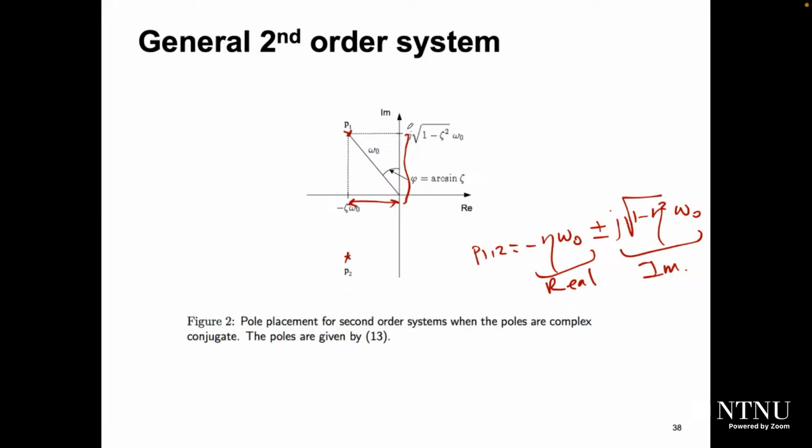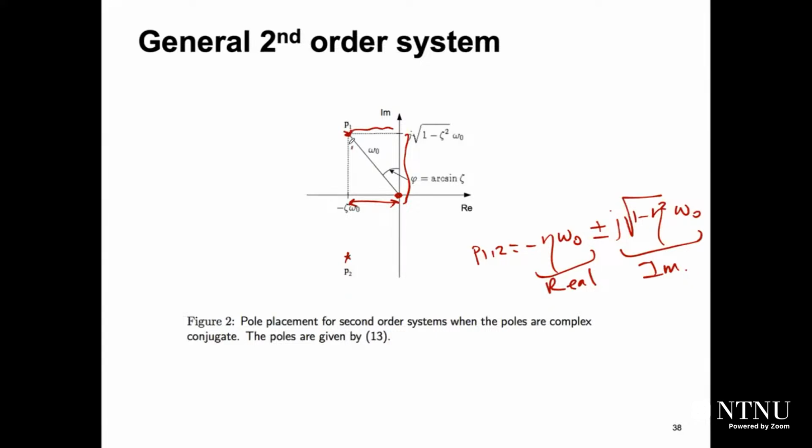If you want to find omega naught, it will be the distance from the origin to the pole. So it will be this one, omega naught. In fact, it will be the square root of that part squared plus that part squared.